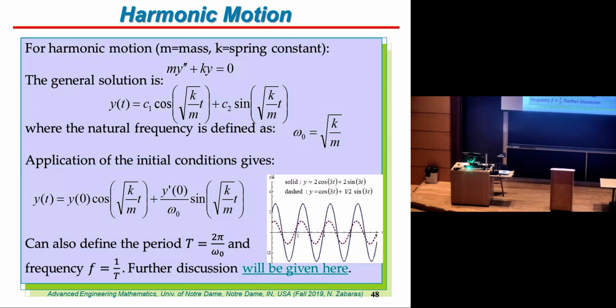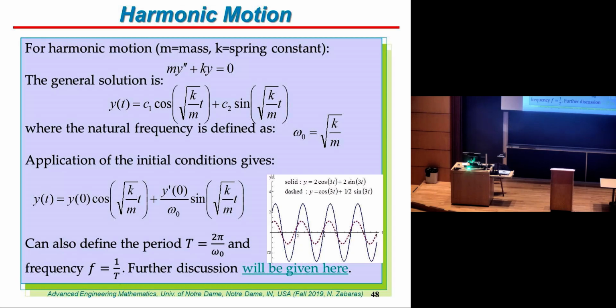Before we had roots that had real and imaginary parts. When you compute the characteristic polynomial of this, it will be mr squared plus k equal to 0. So what solutions do we get? Do we get solutions that have real and imaginary part, or what?